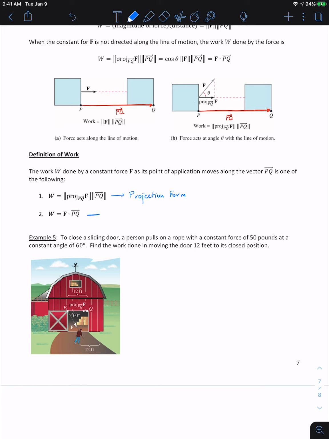I think of it that way because it has projections in it, that's why it's called the projection form, right? And then, going through the equal sign here, that's also equal to the force dot the directed line segment PQ, which is a vector, right? So this is the dot product.